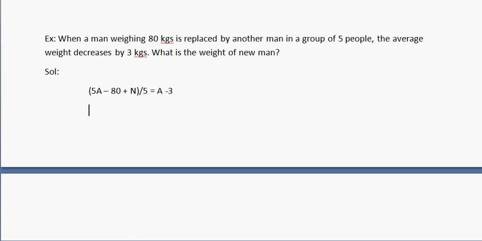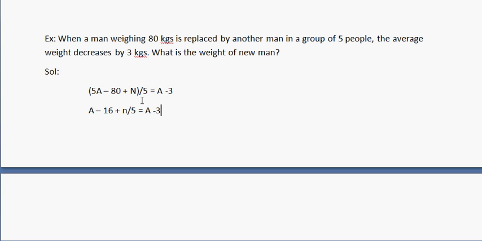Now it can be written as A minus 16 plus N by 5, which is equal to A minus 3.